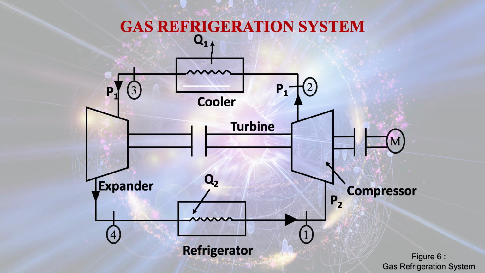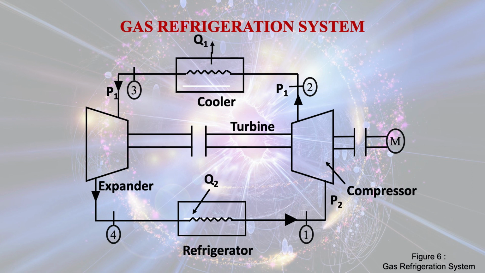Now let us see this block diagram for the gas refrigeration system, and you see that the compressor is there for the compression of the air from state 1 to state 2. But when we use it for the aircraft refrigeration system, the separate compressor is not needed.